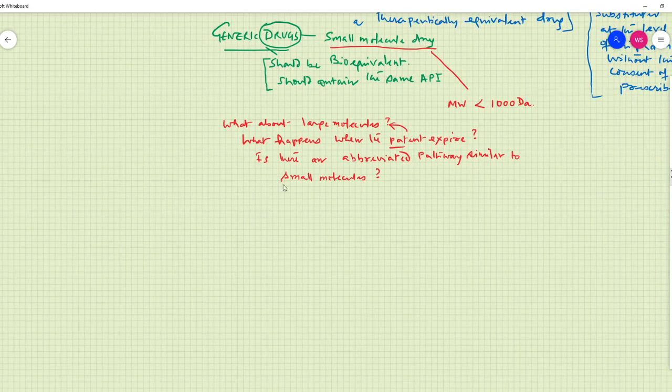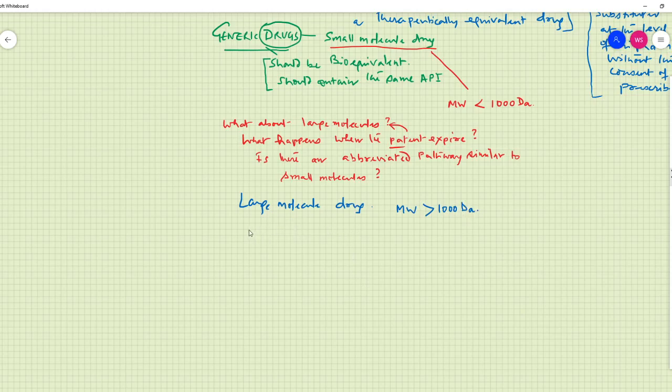So what is a large molecule drug? A large molecule drug has got a molecular weight greater than 1000 Dalton.